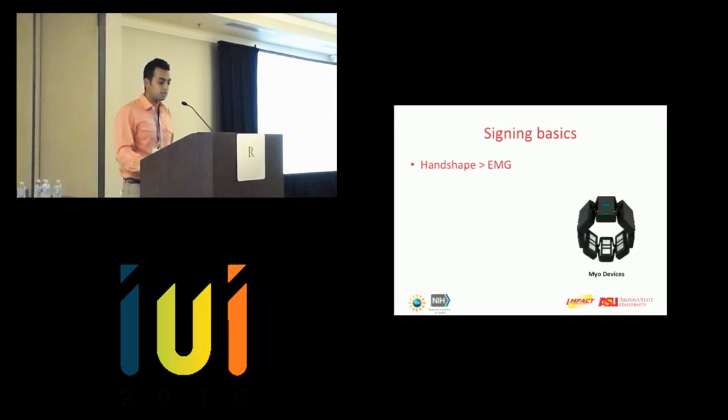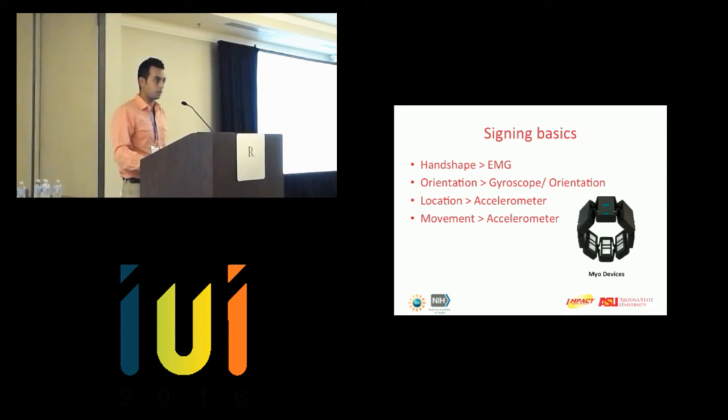That is the device that we use, and actually I'm wearing the device right now underneath my shirt, which just means that it is very inconspicuous and you don't really notice somebody wearing the device. For the orientation, we use the gyroscope. For location, we use the accelerometer, and movement is again detected by the accelerometer. Well, it's detected by a combination of accelerometer and orientation.